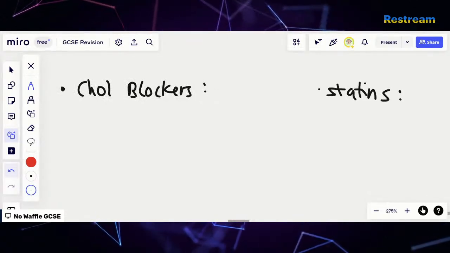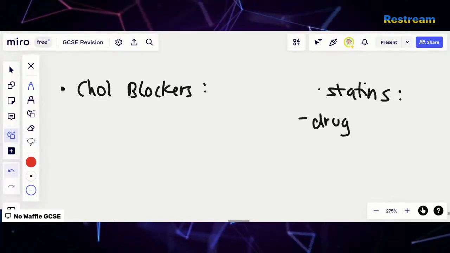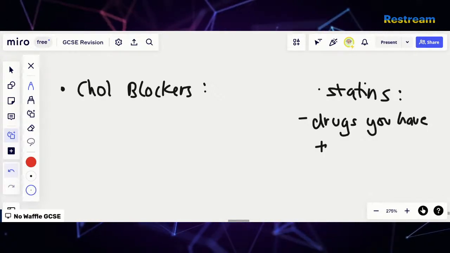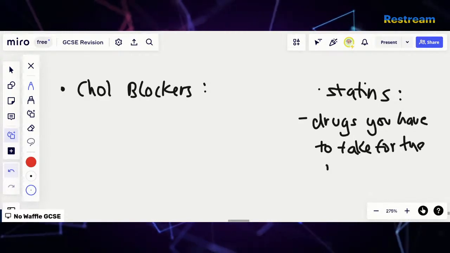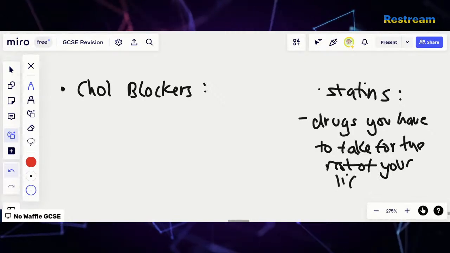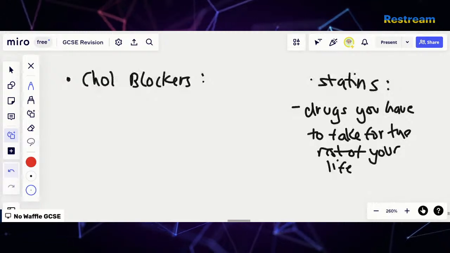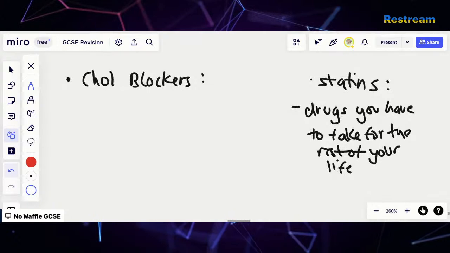Statins are drugs that you have to take for life, the moment you start taking them, and in the UK you're given them immediately at the age of 50. So statins are drugs you have to take for the rest of your life.